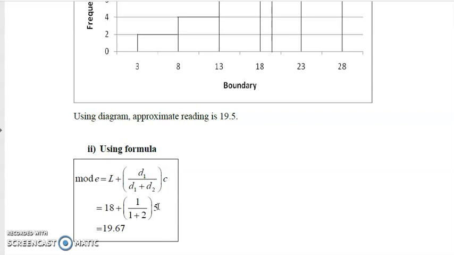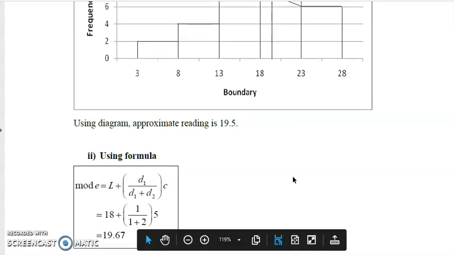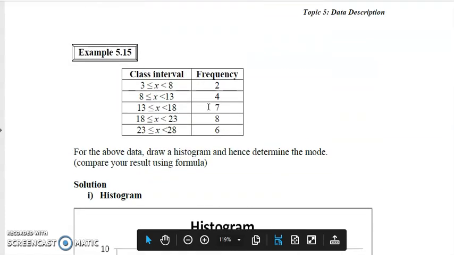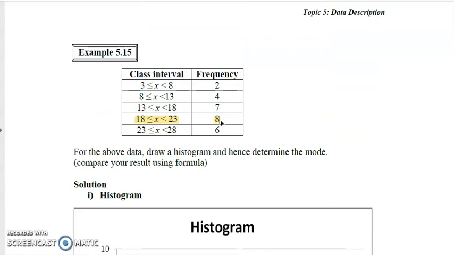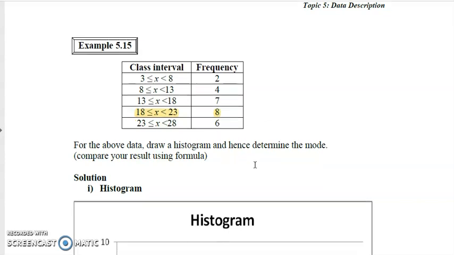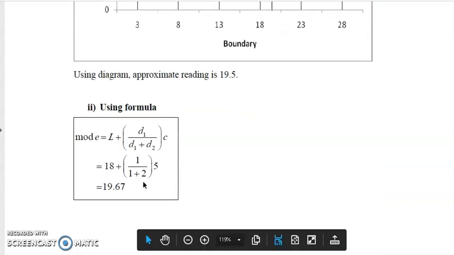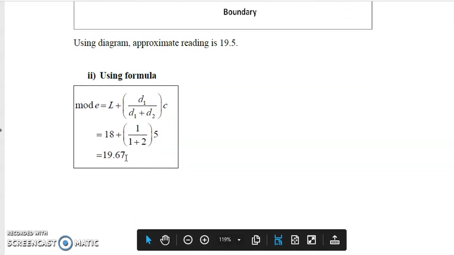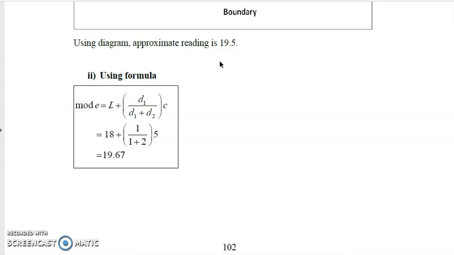Looking at our table, we have 8 here, and 8 minus 7 gives D1 equal to 1, and 8 minus 6 gives D2 equal to 2 here. From that formula, we get 19.67. So approximately we have the same answer as the 19.5 from the graph.